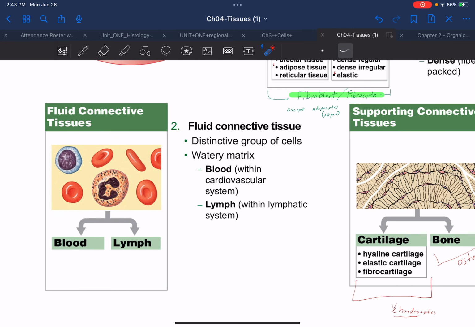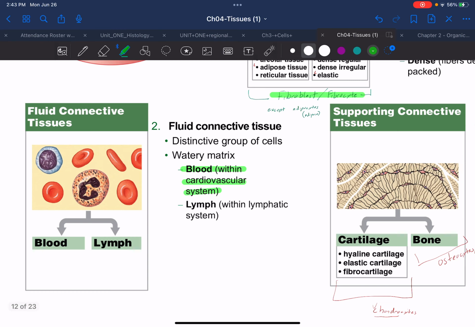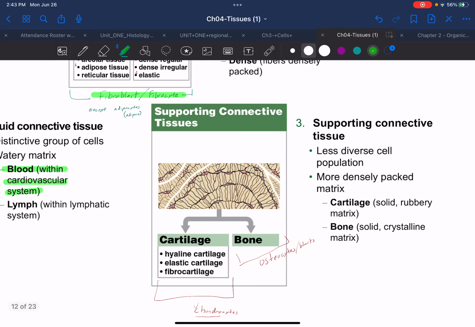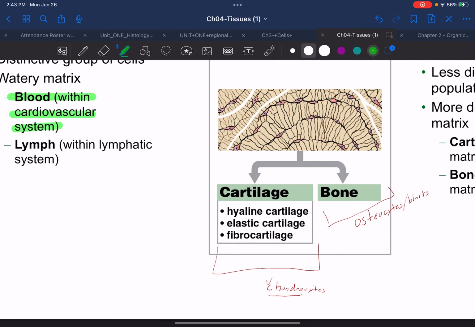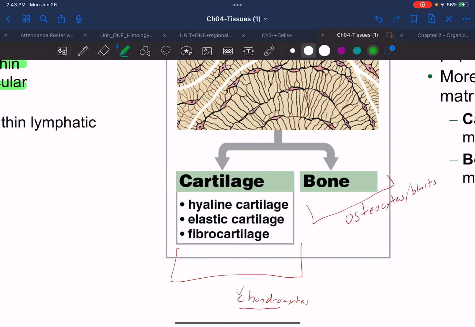We'll see that there's a fluid connective tissue, and blood, for example, the one flowing within your blood vessels, is considered a blood connective tissue. And then this, you're going to have to write this down here, cartilage. Remember that our word chondro was Latin for cartilage. So this means chondrocytes are the ones that produce cartilage. There are 3 cartilages in existence, and they are produced by chondrocytes.